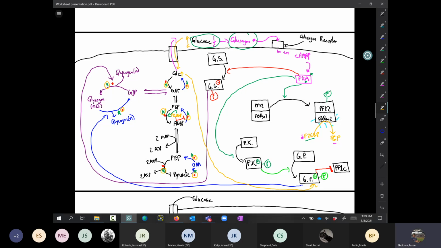Okay, and when it binds to that glycogen phosphorylase, it's going to cause a conformational change in it. That conformational change is going to lead to then these phosphates, there's actually two of them here, I only drew one, but they're going to pop out, and then PP1C, which is bound to glycogen phosphorylase, is no longer going to be inhibited. It's going to be activated.